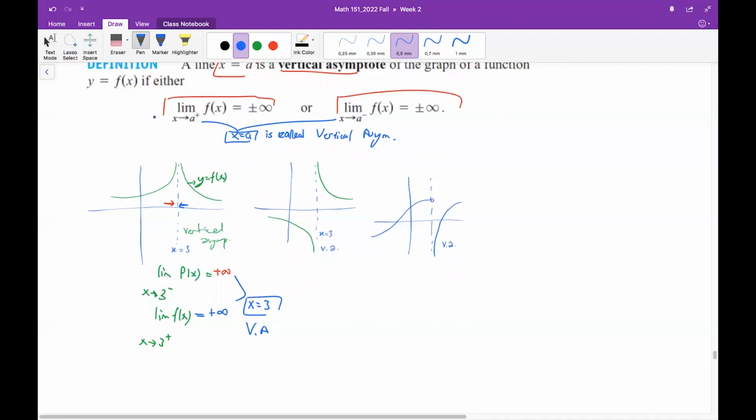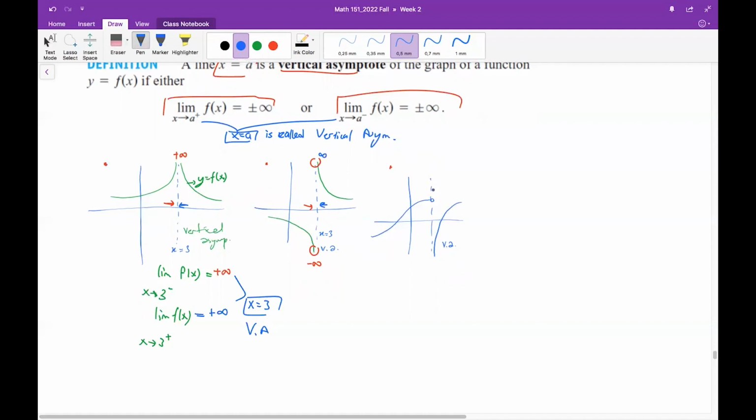So there are three different situations here, which show you that around the vertical asymptote, your function may behave differently. On both sides, your function may go to plus infinity, or on one side your function may go to minus infinity, while on the other side it may go to plus infinity.